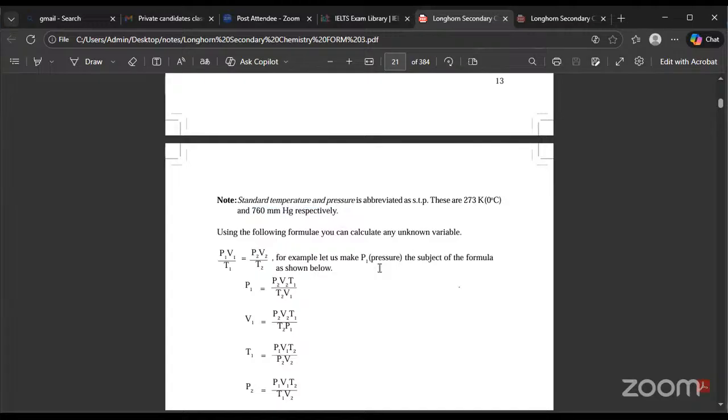Now nikasema there's something that has not been written in these notes, which we call now the RTP. So we have two standard conditions. Let me just do this one for the sake.